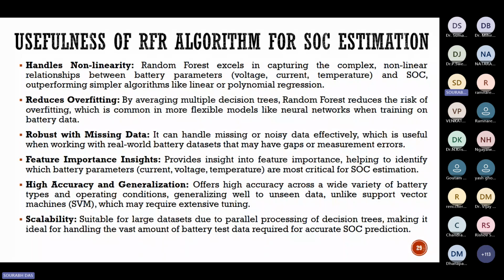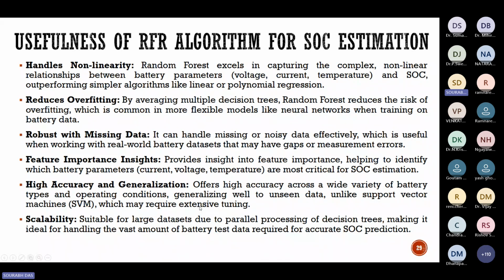We have to take algorithms which can capture the complex nonlinear relationship between the battery parameters and SOC, and then reduce the overfitting. In the next slide, we will discuss how the random forest algorithm reduces this overfitting.